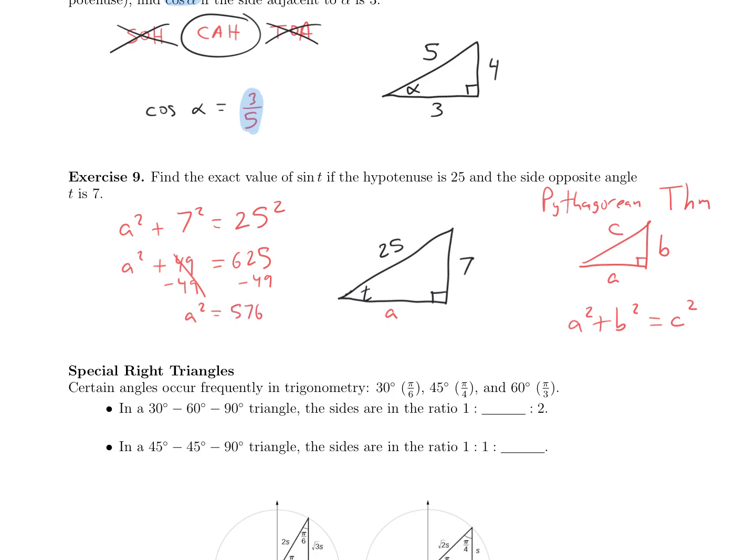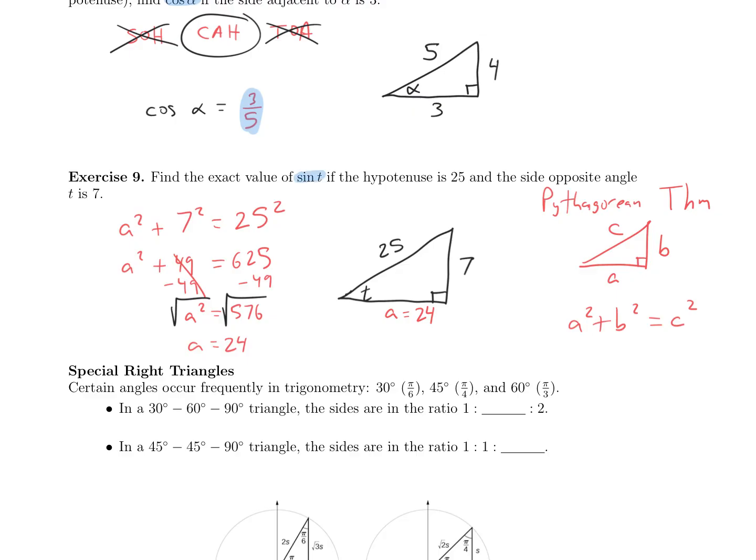Now we take the square root of both sides of the equation to get a by itself. And if you take the square root of 576, you're going to get plus or minus 24. But in this case, since we're talking about lengths of a triangle, we are definitely going to go with the positive. Okay, so it is 24. And now we can find the exact value of sine of t.